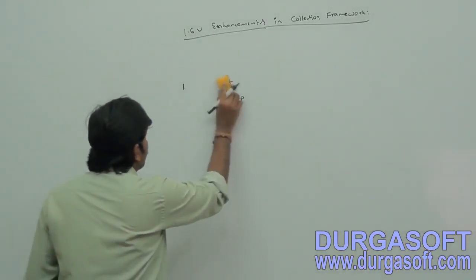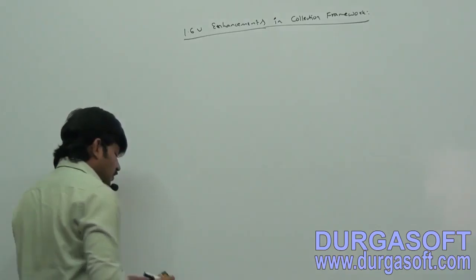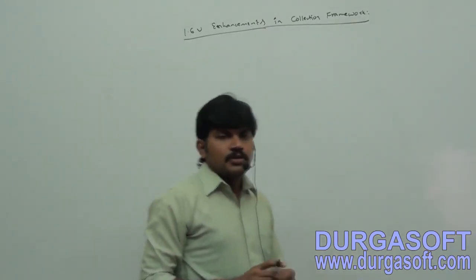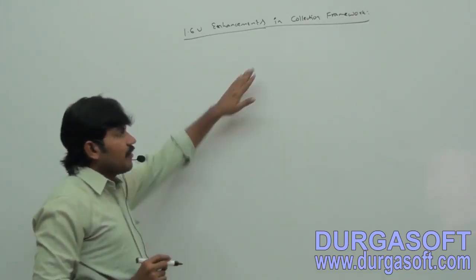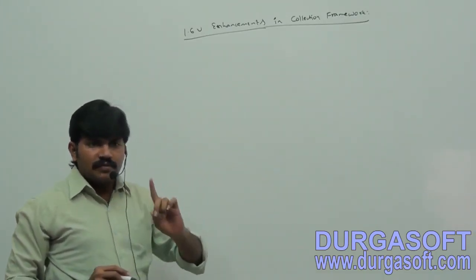Now just observe the point well. In the 1.6 version, two concepts came. What is the first one? Navigable set. The second one, navigable map.